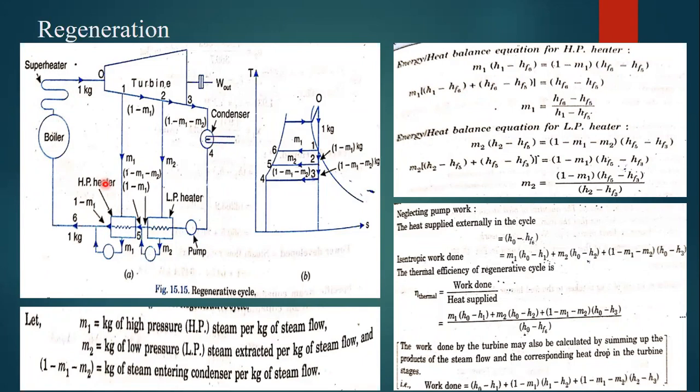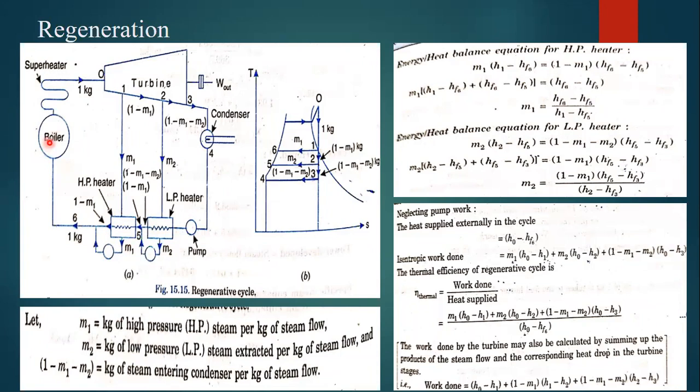To improve it, we are going to add heat at the boiler. That means before giving water to the boiler, we reheat the liquid from the pump. We are not going to send it directly to the boiler. We are going to heat that liquid, and after heating it, send it to the boiler.